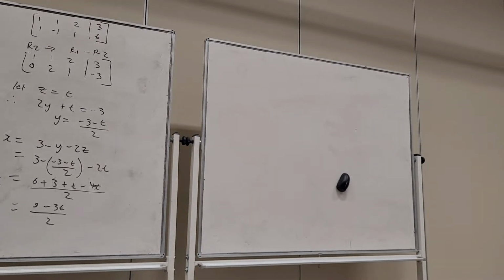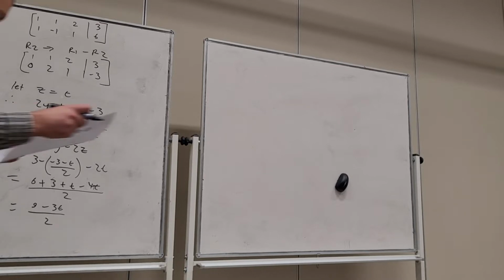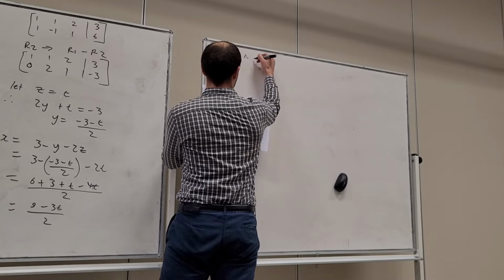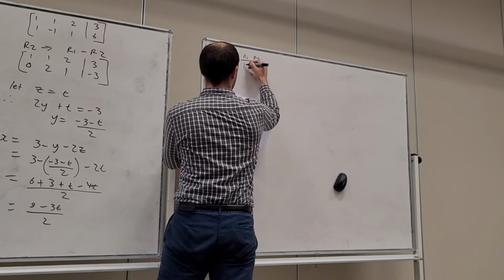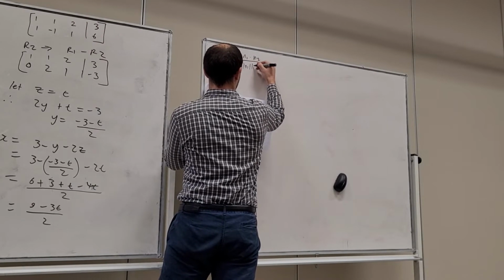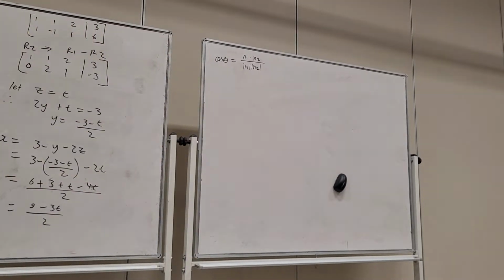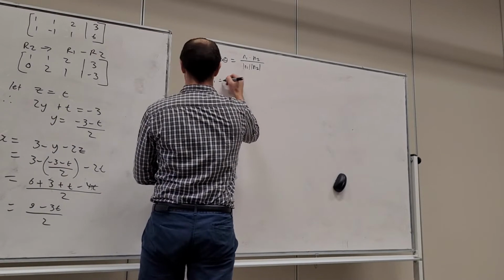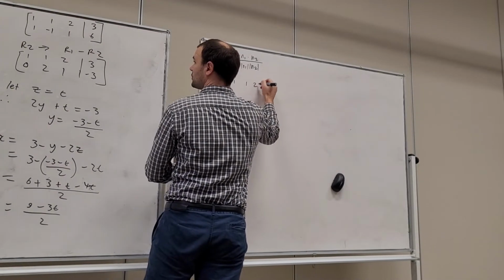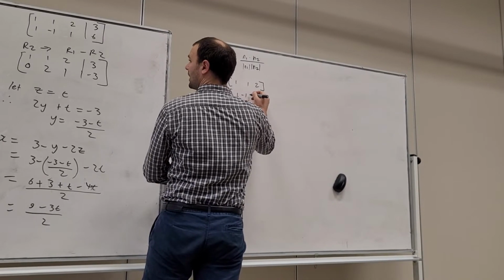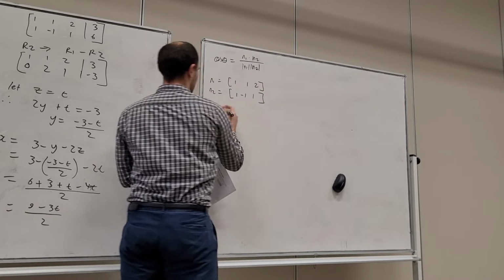We've got cos theta is the normal of plane 1 dot the normal of plane 2, over the modulus of the normal of plane 1 and the modulus of normal 2. So we've got these two planes, all right? So normal 1 is the vector 1, 1, 2, and normal 2 is the vector 1, minus 1, 1.